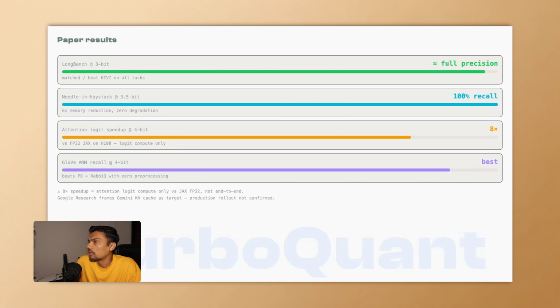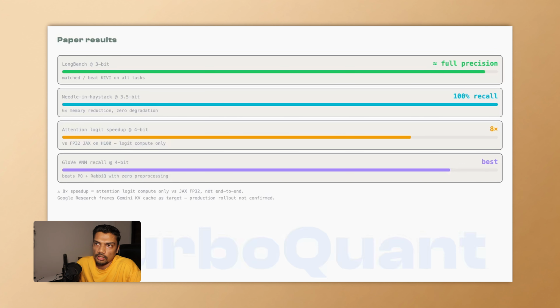TurboQuant essentially matched or beat it across all task types, despite being simpler to implement and having stronger theoretical guarantees. When you have a provably near optimal algorithm, it doesn't just win on benchmarks, it wins reliably, because it's not cherry picked to fit any particular data set.